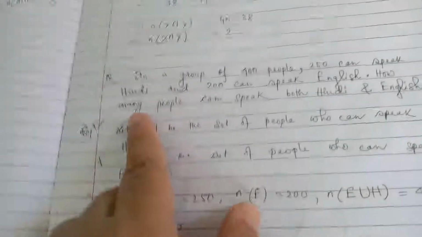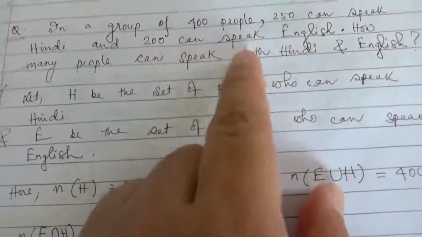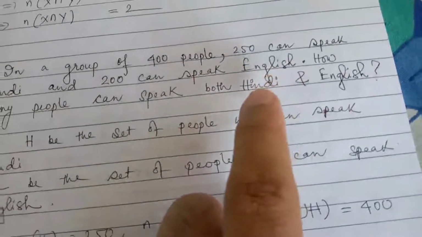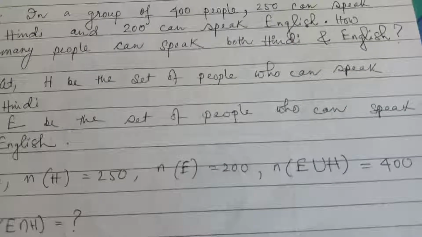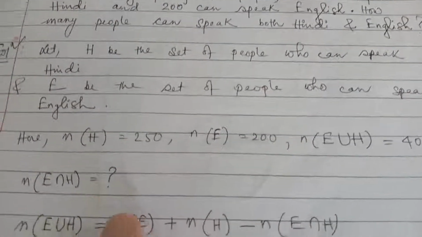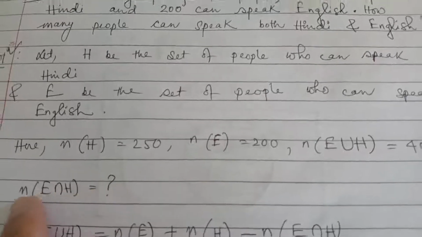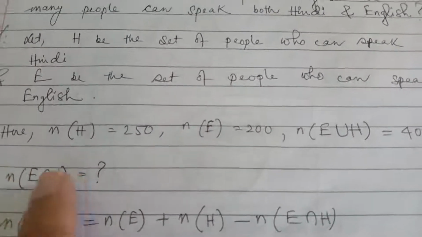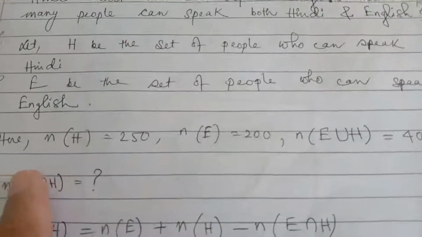Now, to find the number of common people who can speak both Hindi and English, we have to find the intersection, E intersection H. Intersection means and, both English and Hindi.